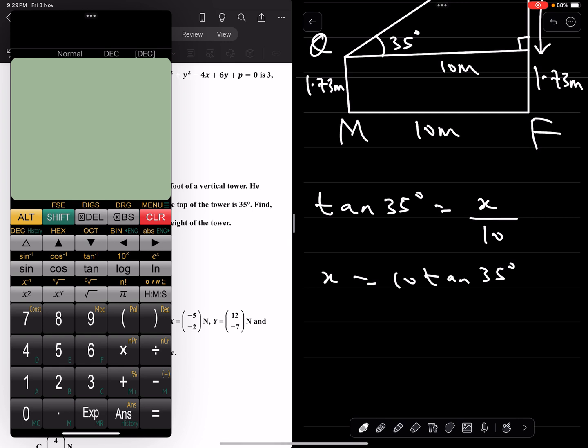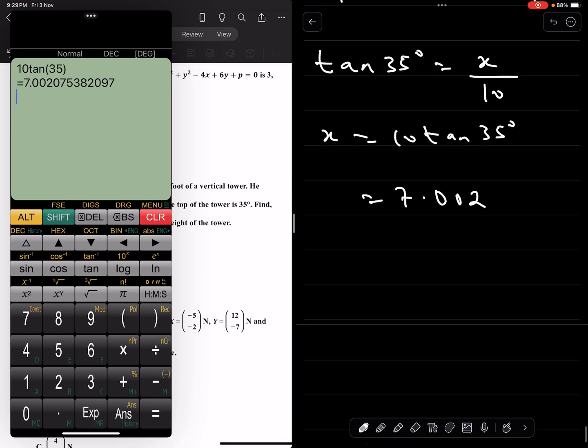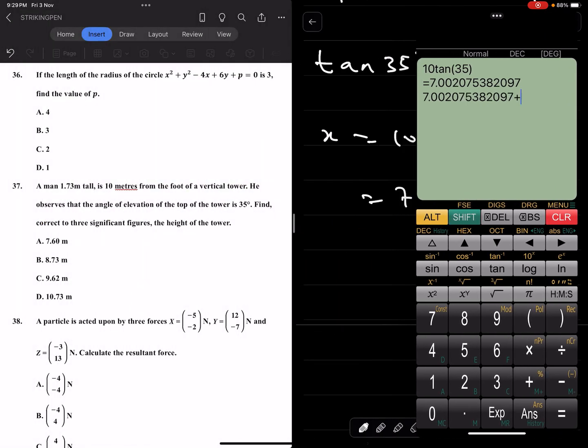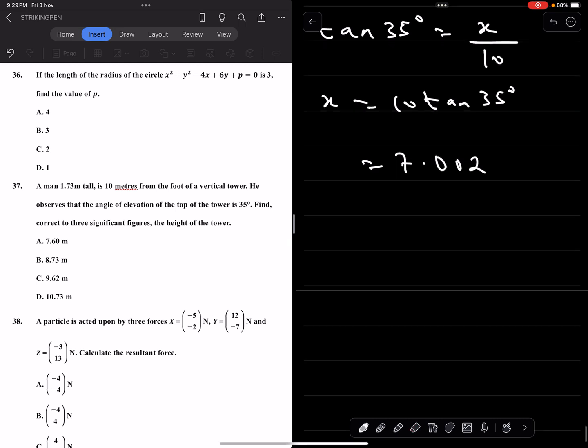Where's my calculator? 10 tan 35 is 7.002. So the height of the tower is therefore 7.002 plus 1.73, which is 8.732.